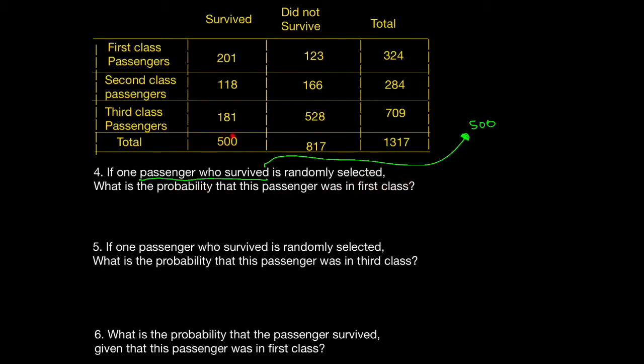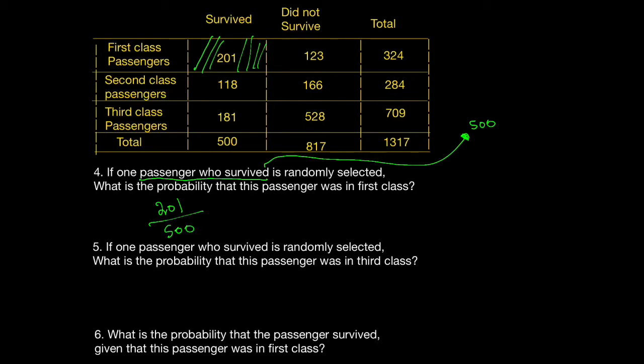So out of these 500 people, how many of them were in first class? Here, we see that these 201 passengers were the people that survived being in first class out of these 500. So the probability here is going to be 201 out of the 500 that survived.